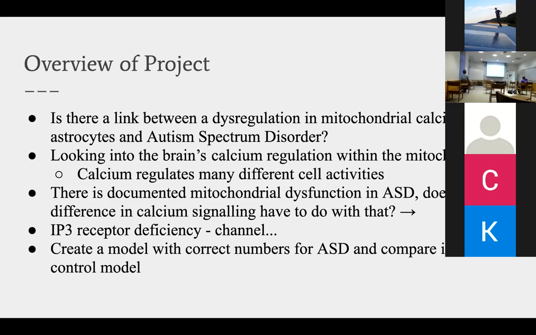So I'll show you later, we have 3 different models to show on Berkeley Madonna. One was the original cell that only shows the endoplasmic reticulum. And one was one that I created with the mitochondria. And then another one where we added in that autism factor to dial it based on severity.